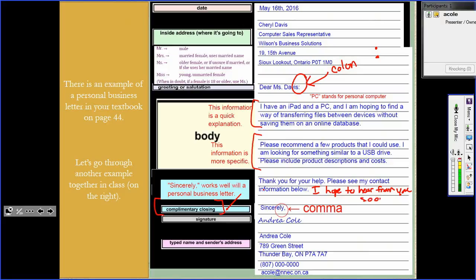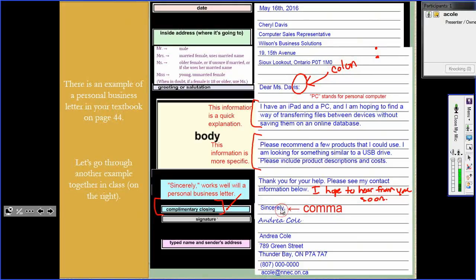I could add that on to the end, and then that would give all three things for the closing, right? I'm saying thank you, I'm sharing my contact information, and I'm letting the person know that I hope to hear from them, right? So that would make my last paragraph even better.